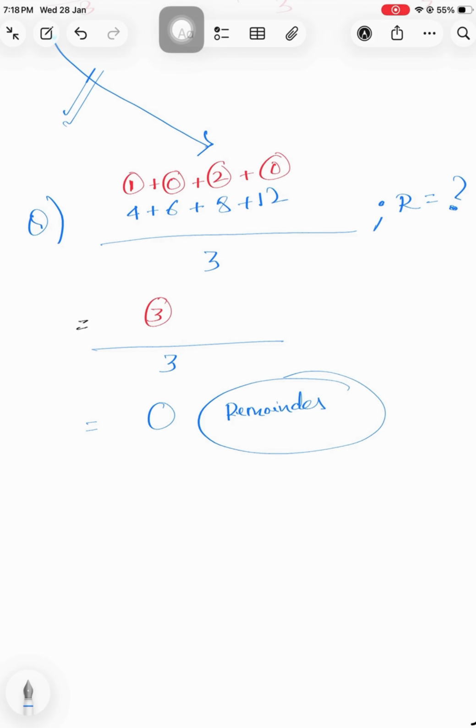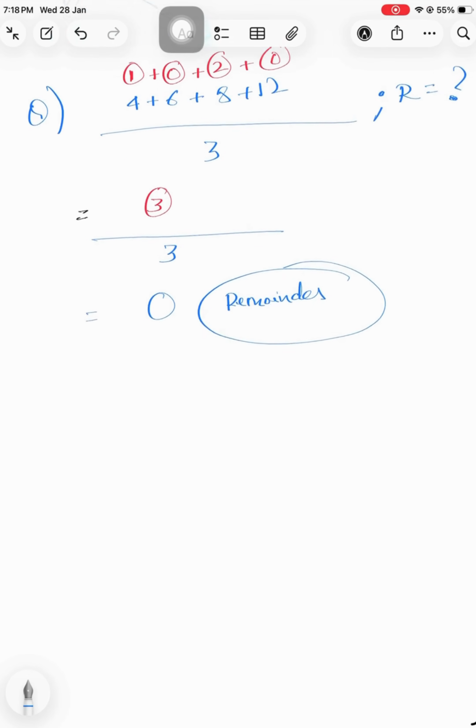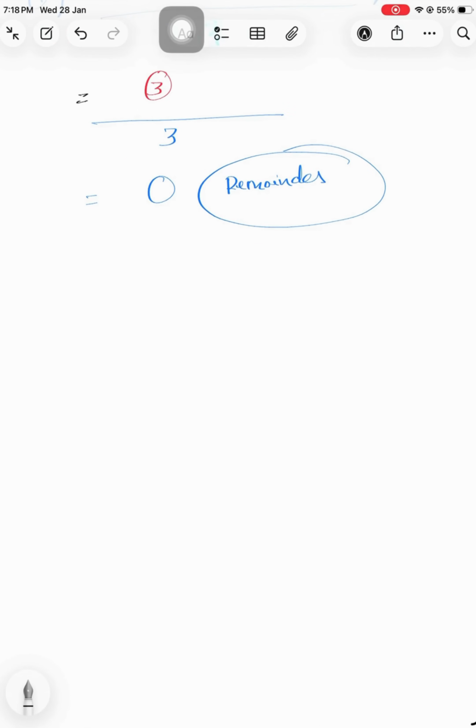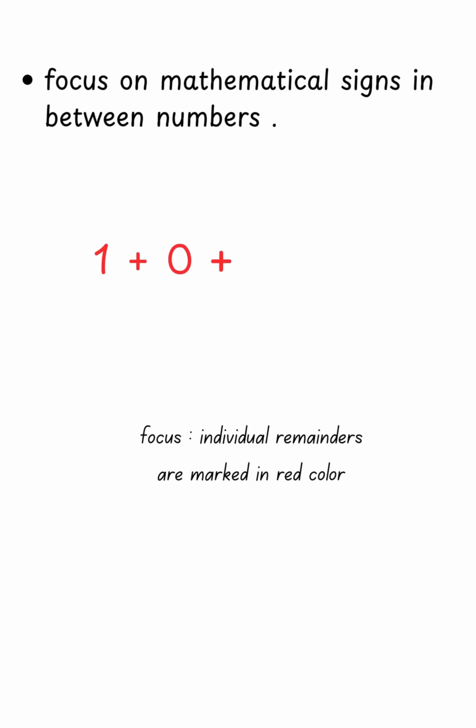Here we have only positive signs, so I'm placing positive signs between all these new values. Now let's simply add these, and it gives the value 3, and obviously 3 upon 3 will yield remainder 0.